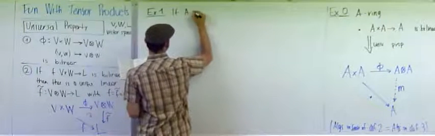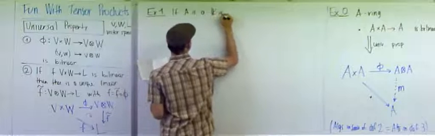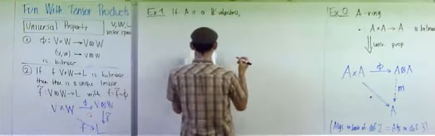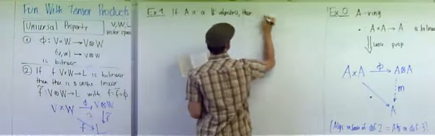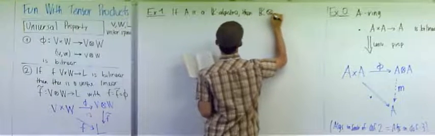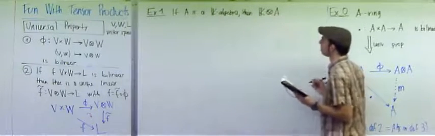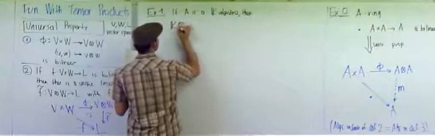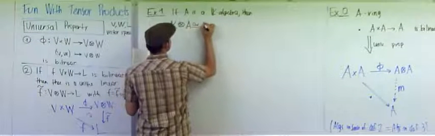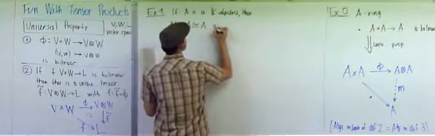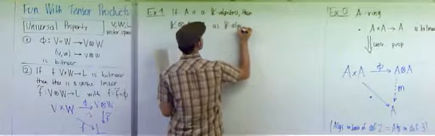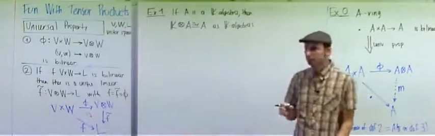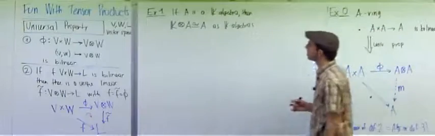If A is a K-algebra, then when I take that K-algebra and I tensor it with my field, I get an isomorphic K-algebra. I mentioned this last time, so let's prove it now.